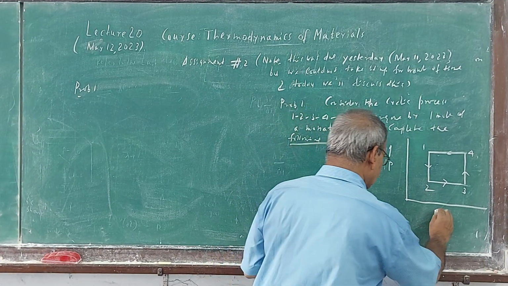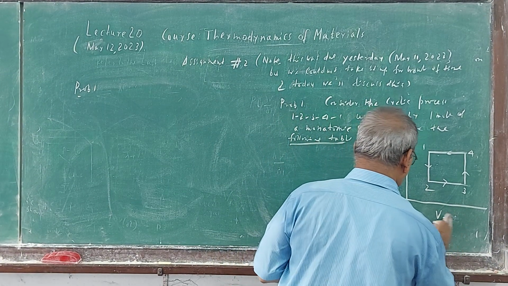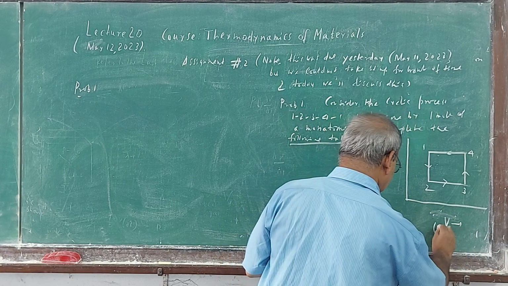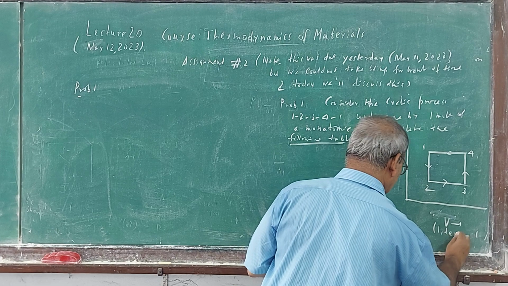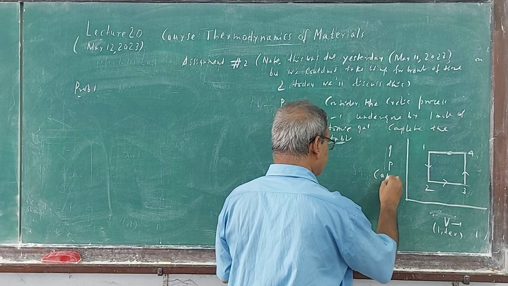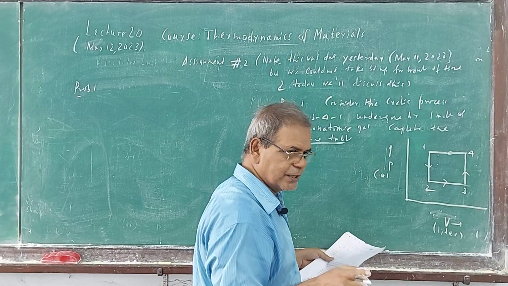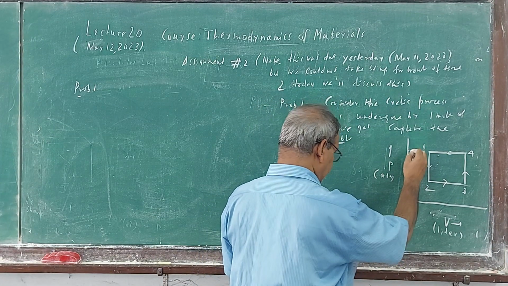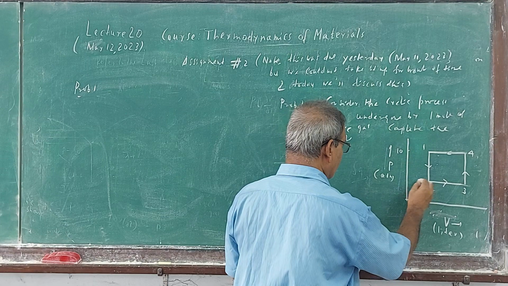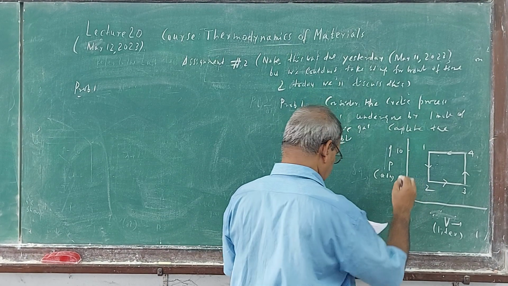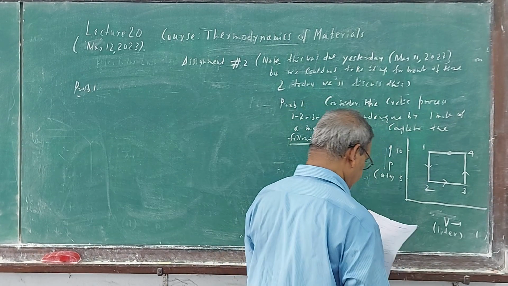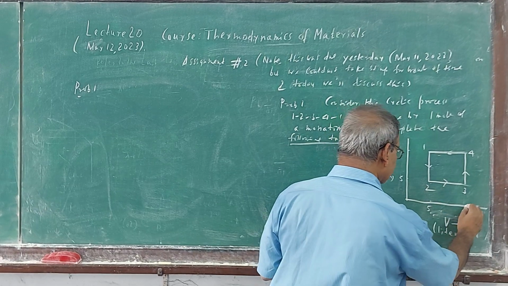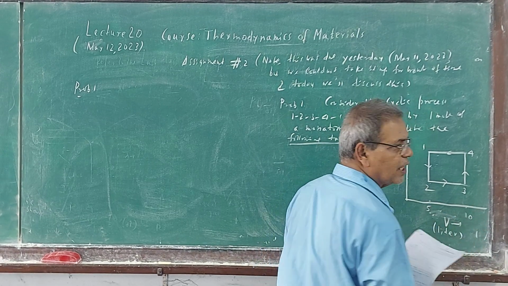V you may write in liters. Be careful about the units. Atmosphere. Just assign the values. This value is given as 10 atmosphere, and this is obviously different, 5, and this is correspondingly 5 liters, and this is correspondingly 10 liters.